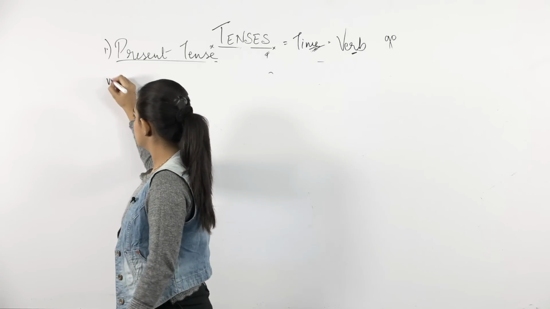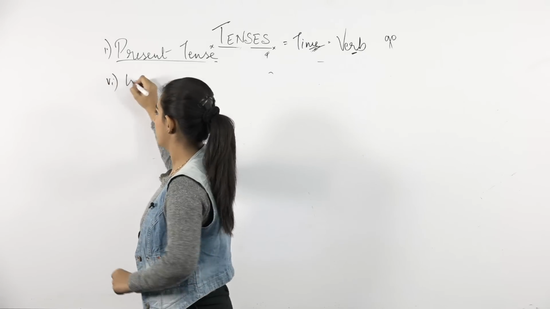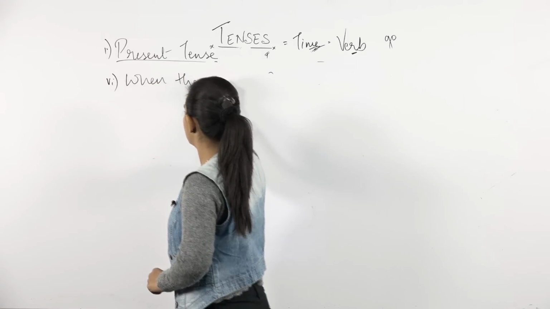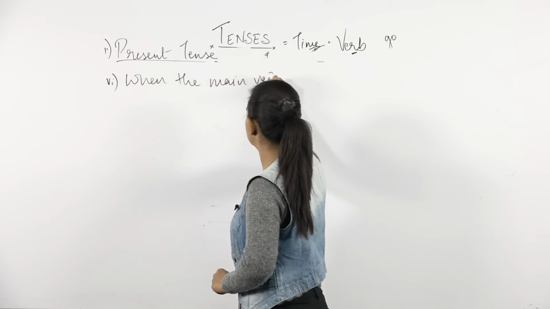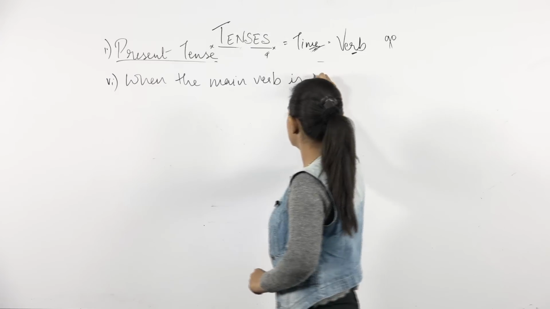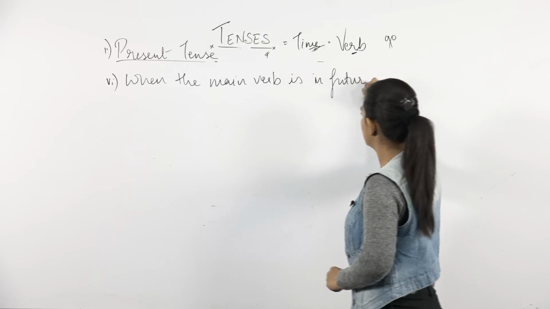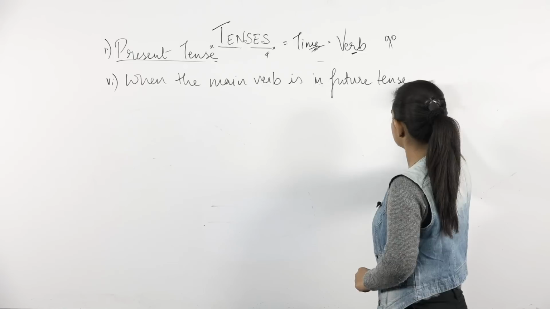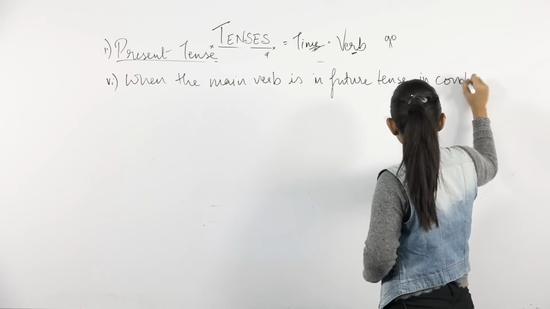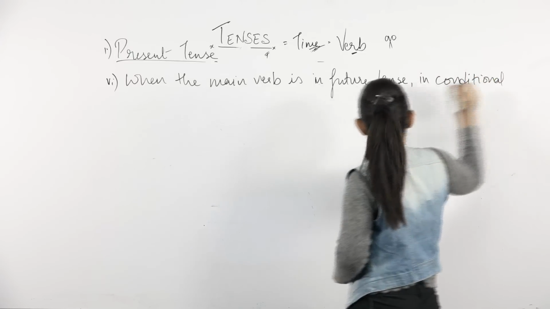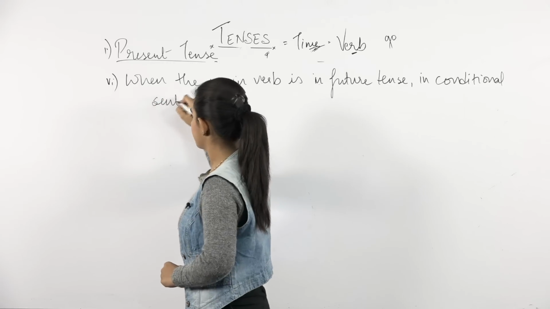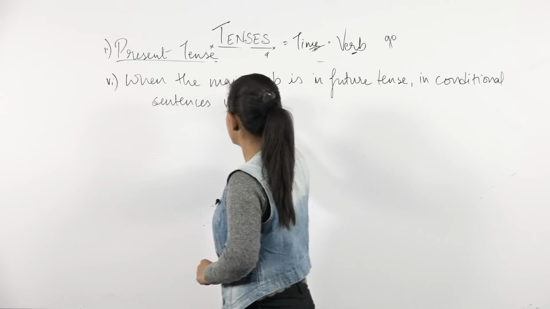Now the next rule that we have is, it says when the main verb is in future tense, in conditional sentences, we use what?